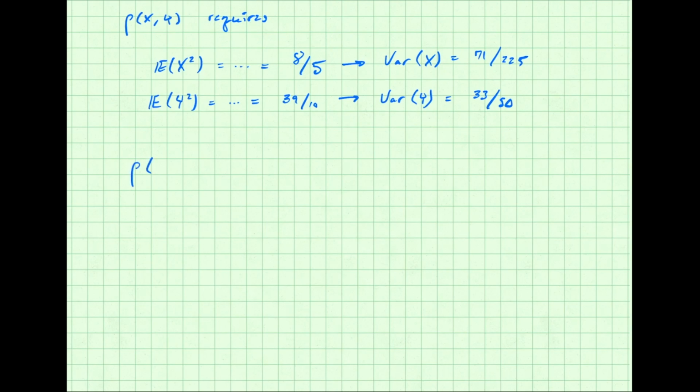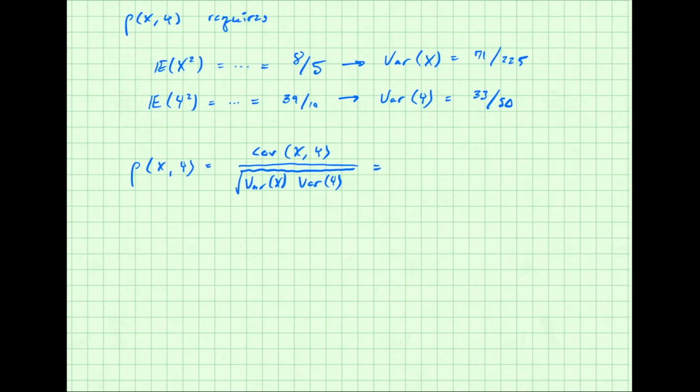Then rho of xy, so the correlation, is equal to the covariance of x and y divided by the square root of their variances, right? So variance of x, variance of y, all under a square root.